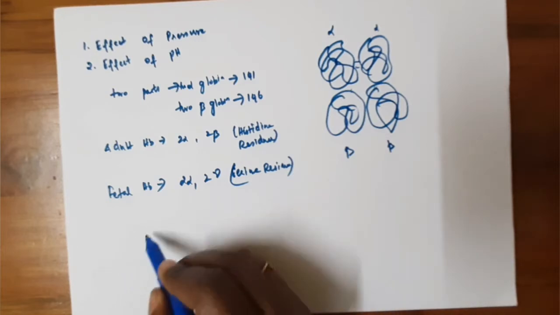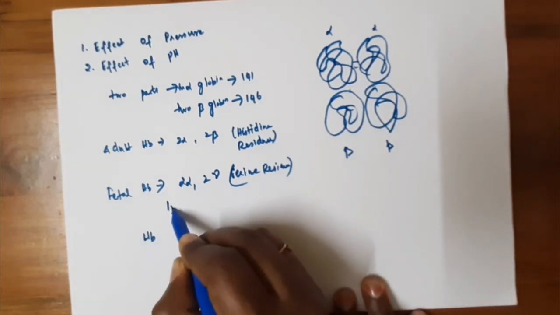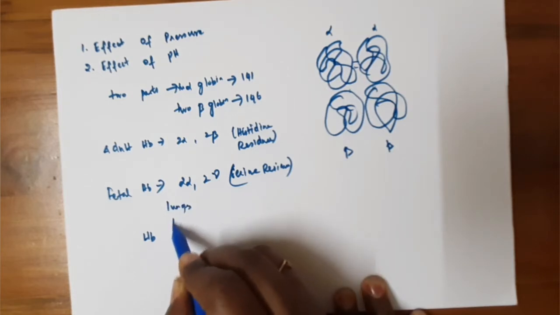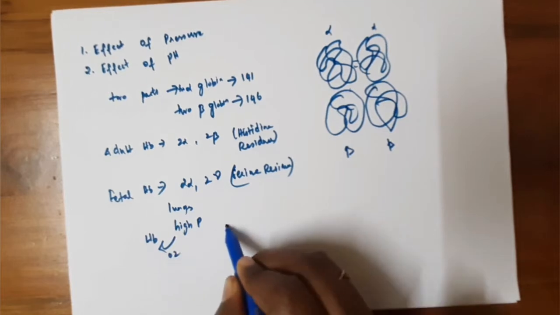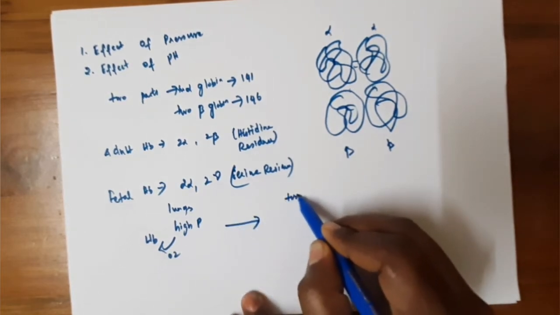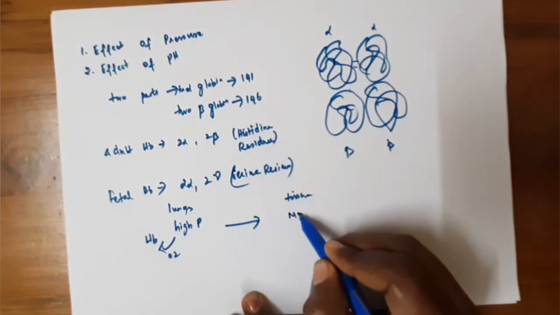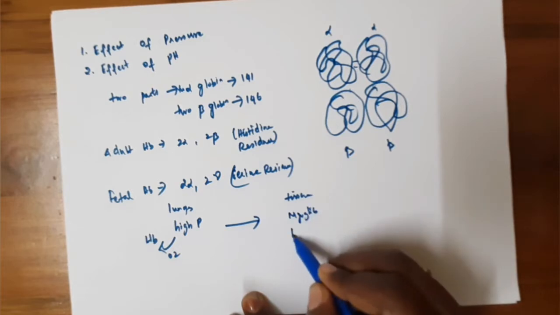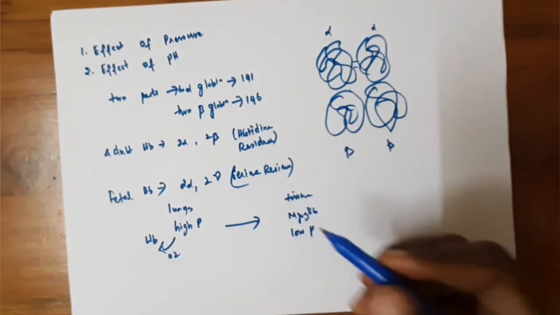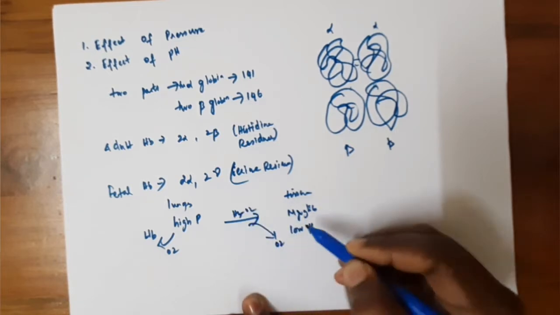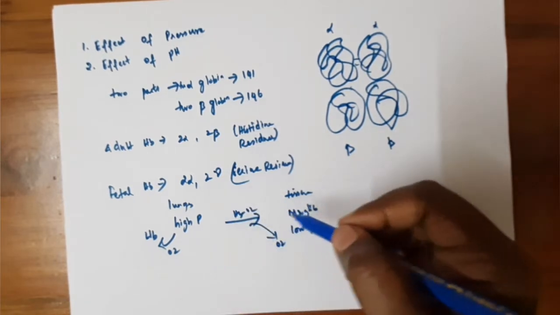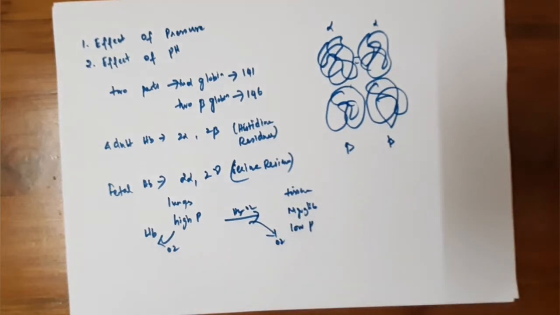So when hemoglobin in the lungs experiences high pressure, it takes up the oxygen and travels to the tissues where the myoglobin exists, which experiences low pressure. So hemoglobin suddenly leaves the oxygen, takes the carbon dioxide and goes to the lungs.